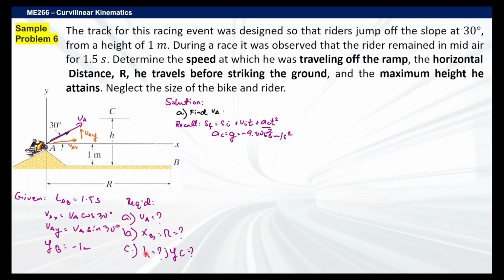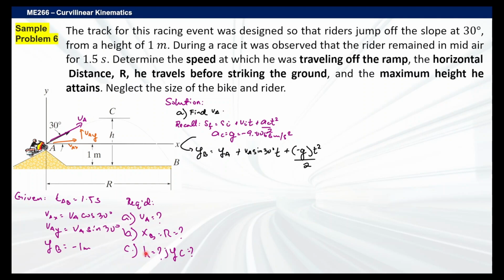We can convert that. So considering na yung vertical motion neto at y, so YB is equals to YA plus VA sine 30 degrees, which is VAY, plus negative G at T squared, so which is 9.8066 meters per second squared. We already have time T, which is 1.5 seconds, and we already know YB, and YB is basically negative 1 meters dito.